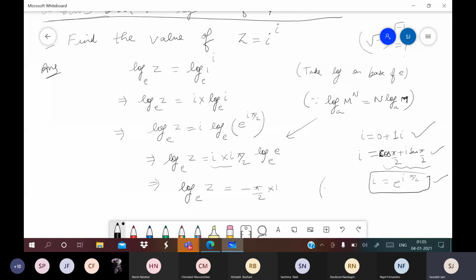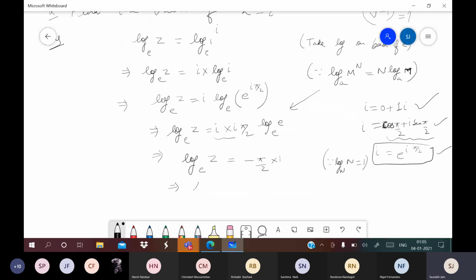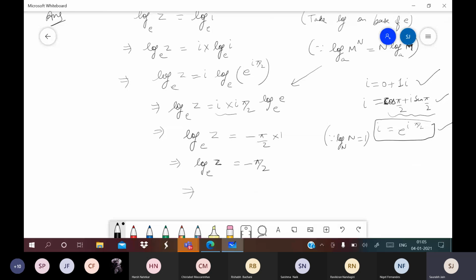That will be 1, since log of a number to the same base is always 1. That is why. Okay, so log of z base e comes out to be minus pi by 2, and with this we come to the end of the question, because if I want to remove log from here, I will take e to the right hand side and minus pi by 2 goes in the power. This we have already discussed.